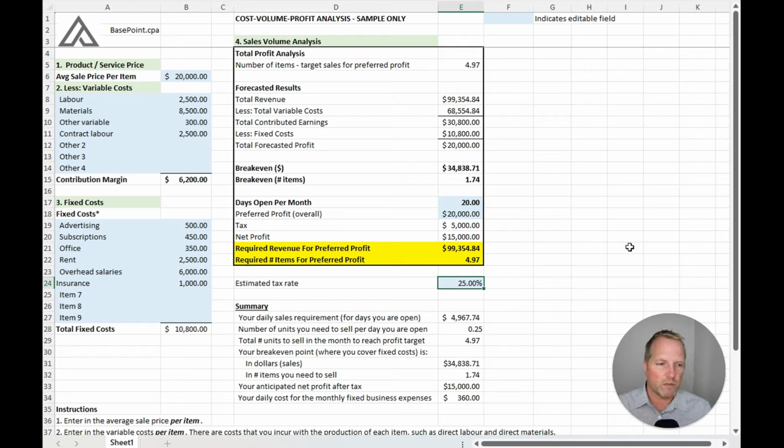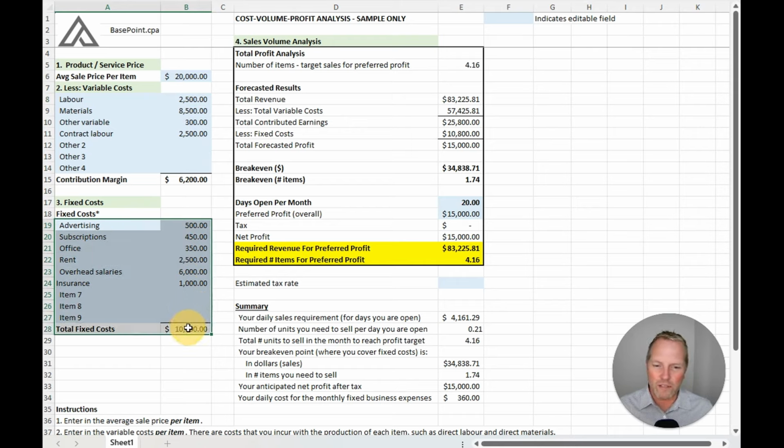But you can plug that in there, just to ballpark what you can anticipate for net cash in hand based on certain profit targets. So a crash course for sure in what's called cost volume profit analysis. What it does is help you understand your pricing, your costs, and how that helps cover your overhead, the fixed costs that you're going to incur anyways in a given month.